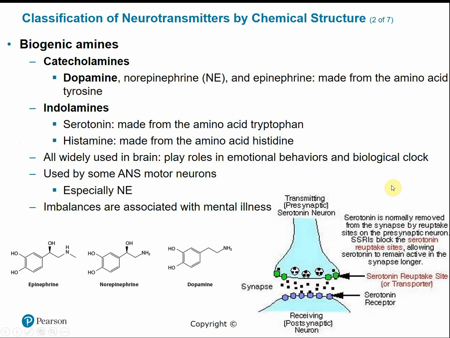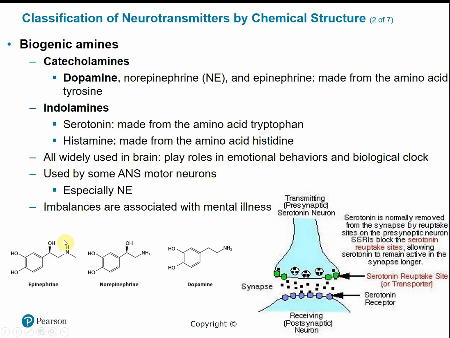A lot of commonly used antidepressants, anti-anxiety medications are classified as SSRIs. These are selective serotonin reuptake inhibitors, right? They essentially are going to block the reuptake of serotonin neurotransmitter, causing it just to hang around a bit longer in the synapse. So we get kind of a longer lasting effect of that serotonin.